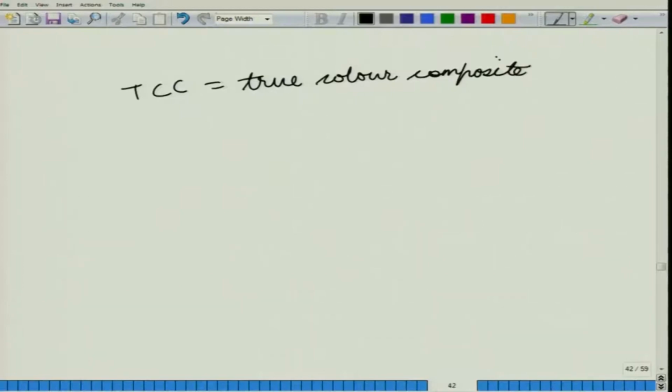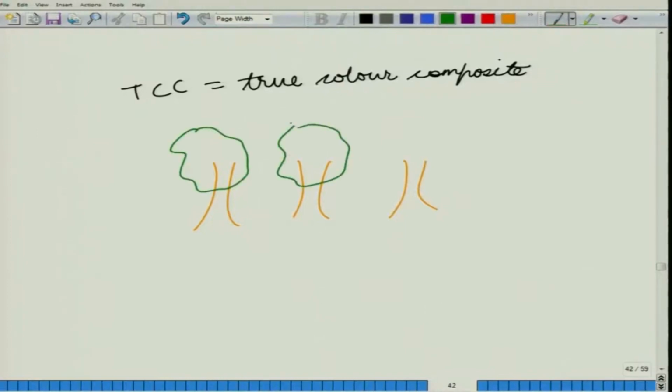Now, to understand what this TCC means, let us do an experiment. So, suppose you had trees, and now suppose you set your camera such that it only measures the green signal. So, let us set our camera to measure green.